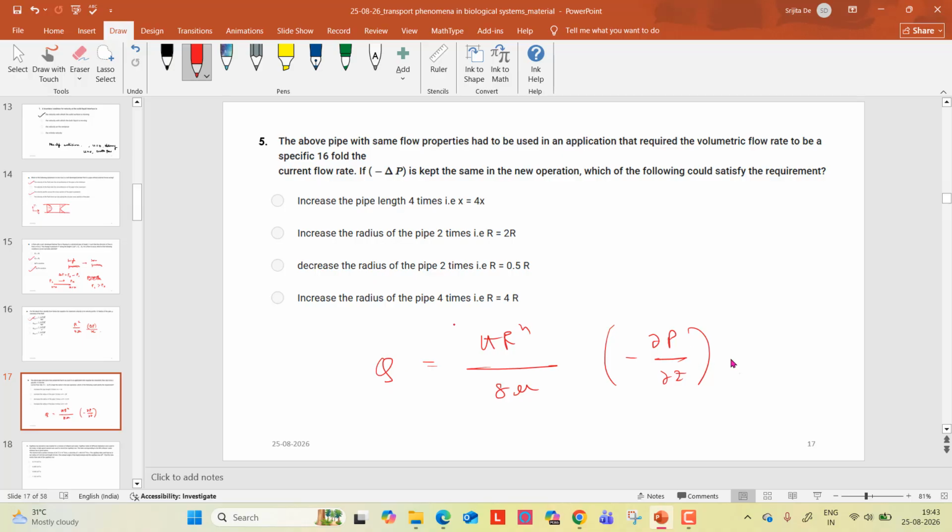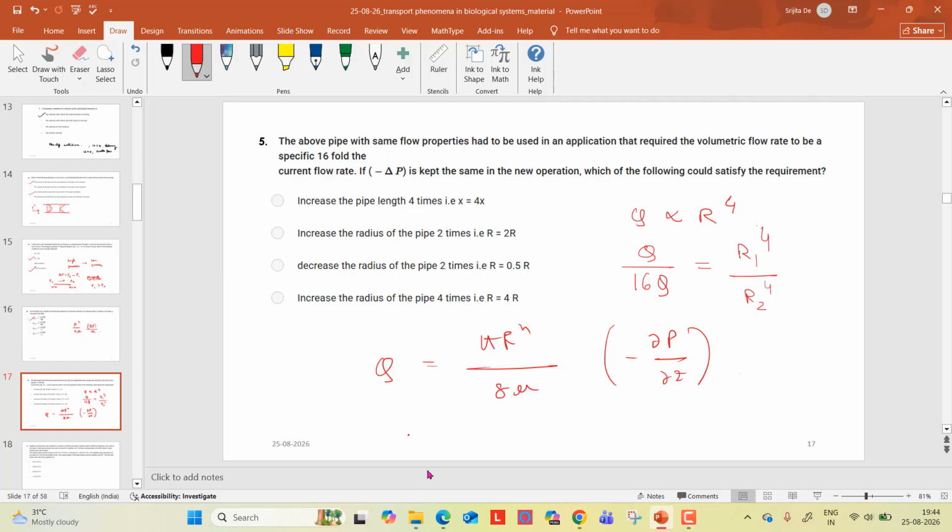Flow rate has to be 16-fold. Okay, so Q is proportional to r to the power 4. So initial is Q, this one is 16Q. And it has to be r1 to the power 4 by r2 to the power 4. So we have to calculate what is r2 here. Okay.